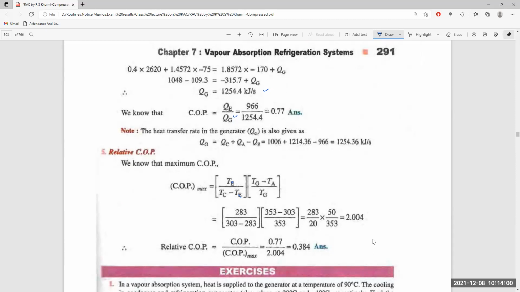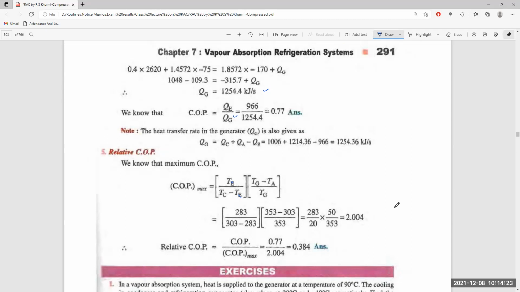So if we put in these values, the COP maximum will be 2.004, and relative COP is equal to COP divided by COP maximum, 0.77 divided by 2.004, which is equal to 0.384.